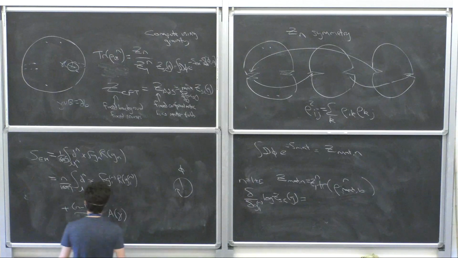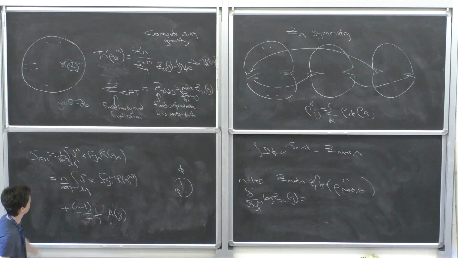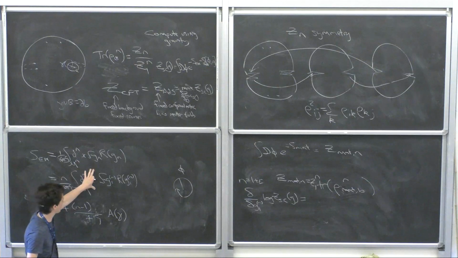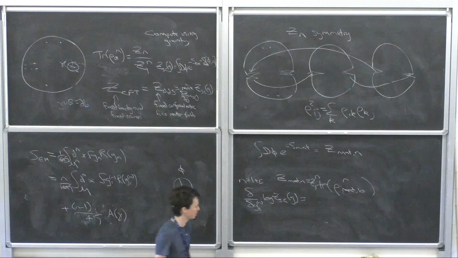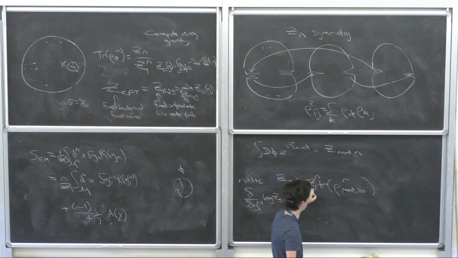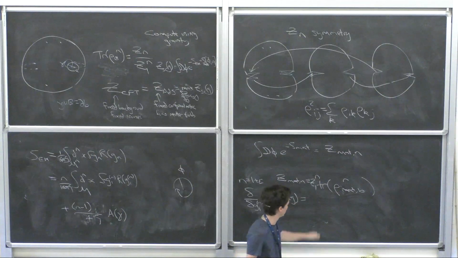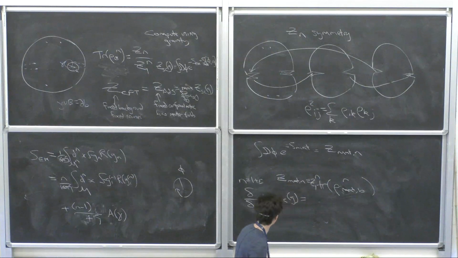At n equal to 1, this term is equal to 0. This term is just the Einstein-Hilbert action on the quotient geometry, because there's just one copy of the quotient geometry. This thing is just the matter partition function on one copy of the geometry, and this thing's just equal to 1 because it's just trace of rho, which is equal to 1.